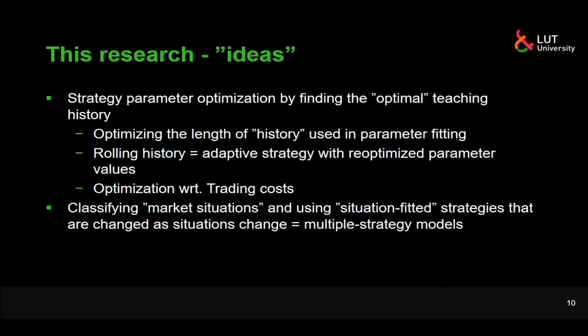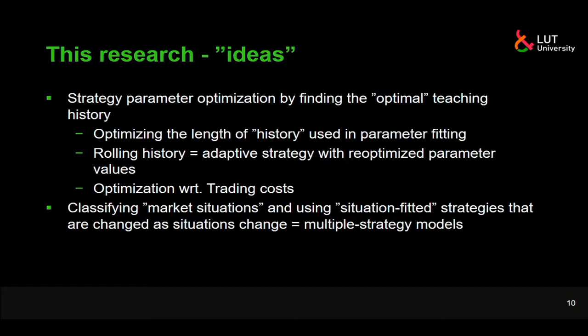And the history that we use to teach the strategy, the machine learning period that we use to fit our model, we can try a number of different lengths of history and lengths of actually running the strategy, and try to optimize that as well, and have a rolling history.